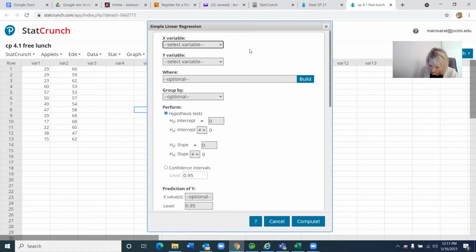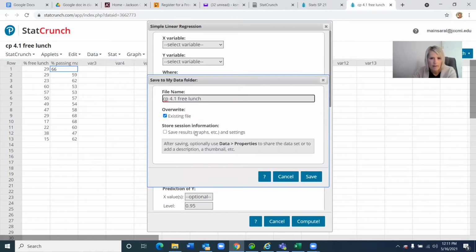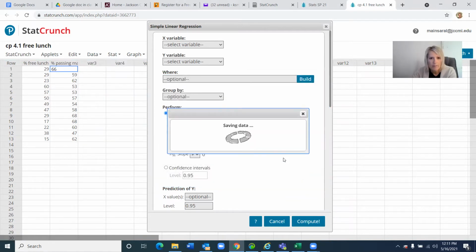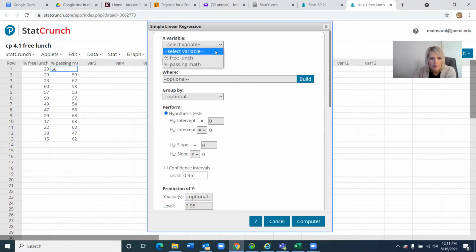Then we're going to put in our X variable, that is our var1, our percent free lunch. And then our Y variable is our percent passing math.